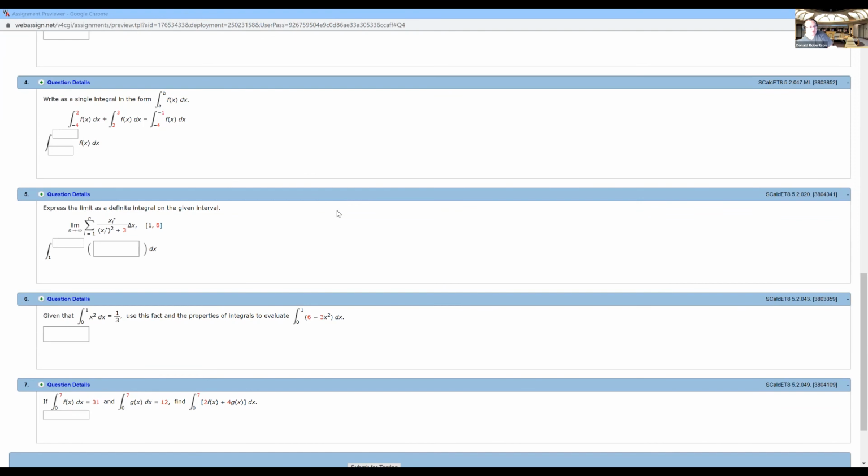Is that what it says? Yep. Or some variation, different numbers, but essentially the same. I'm a little bit confused about this one.